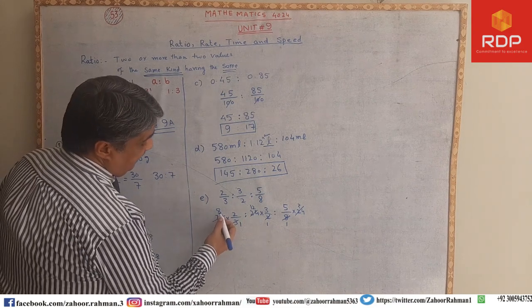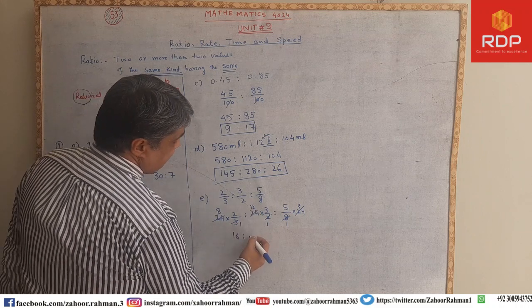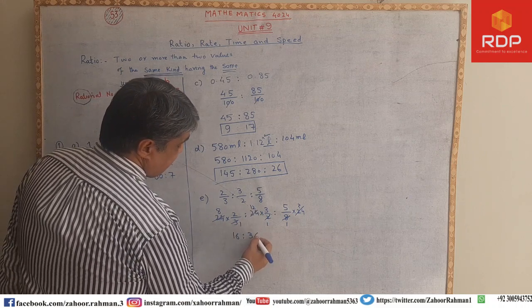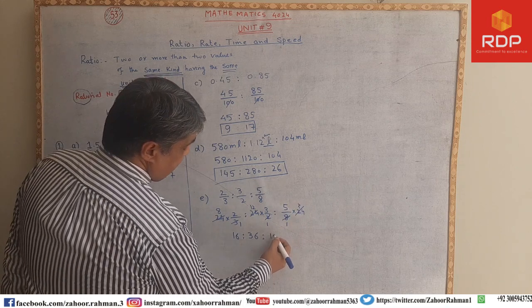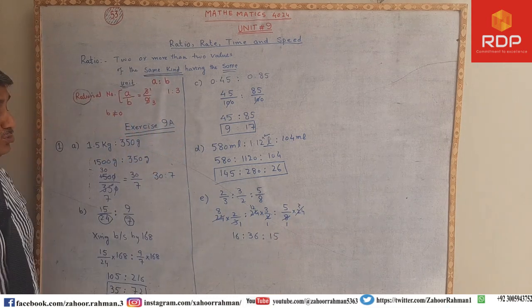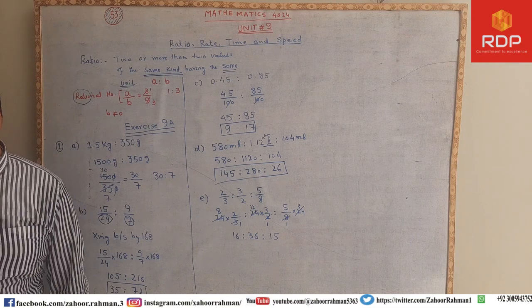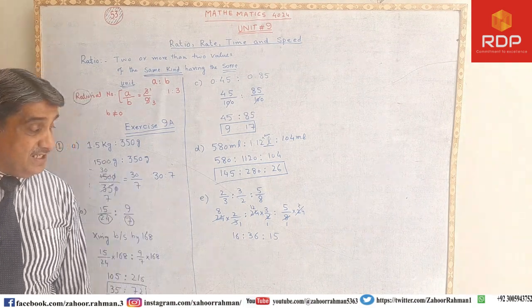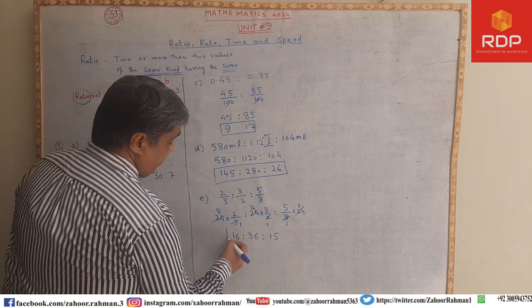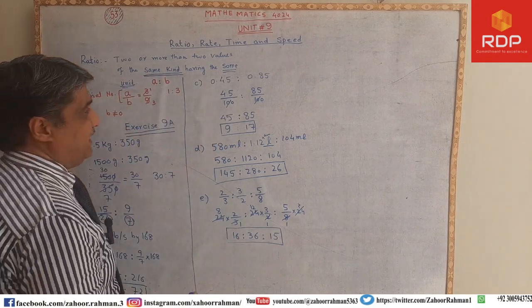So here we are getting 8 twos are 16 and 12 threes are 36 and 5 threes are 15. So the final answer is 16, 36 and 15. So in this way we can simplify.